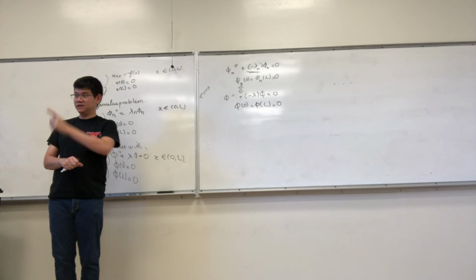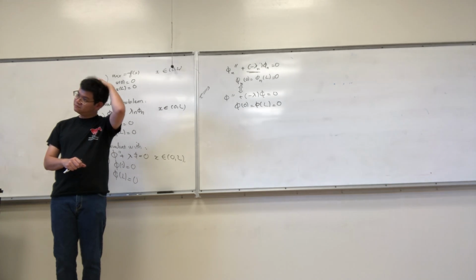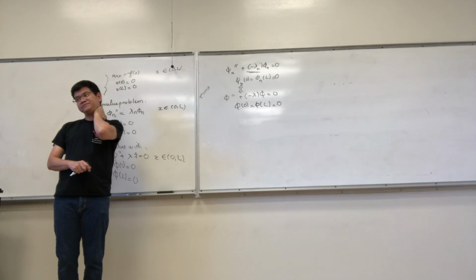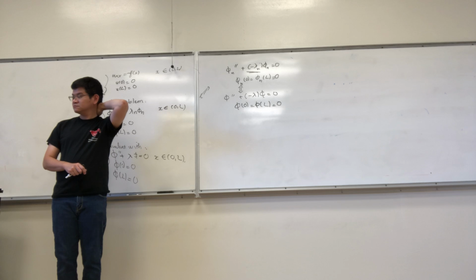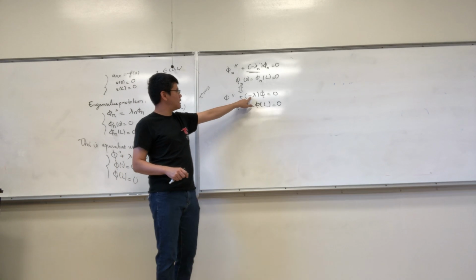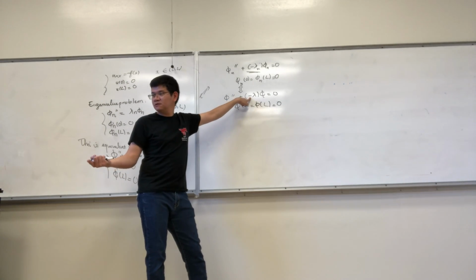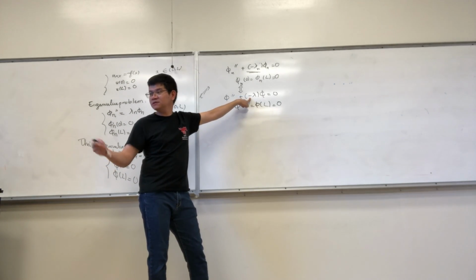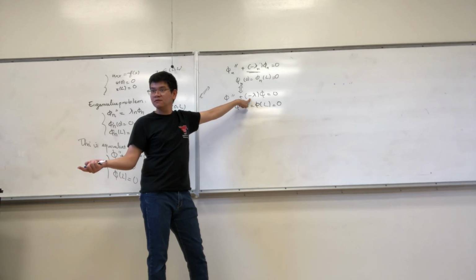Questions? Yes? You could solve the eigenvalue problem leaving the negative outside, you just get a different answer for your lambda. So without the minus, you just change the n pi square or something to the minus n pi square. Right? Okay. So it's exactly the same. Right?